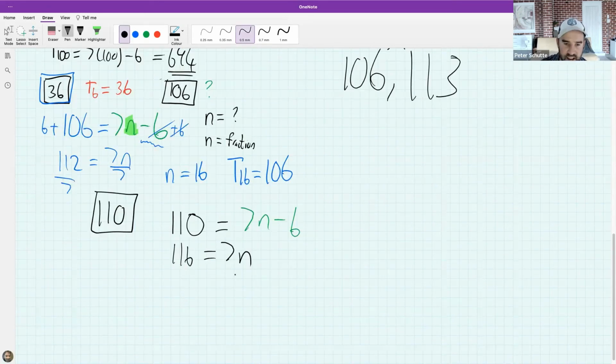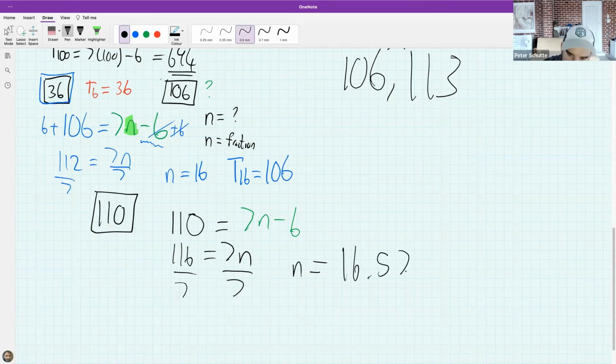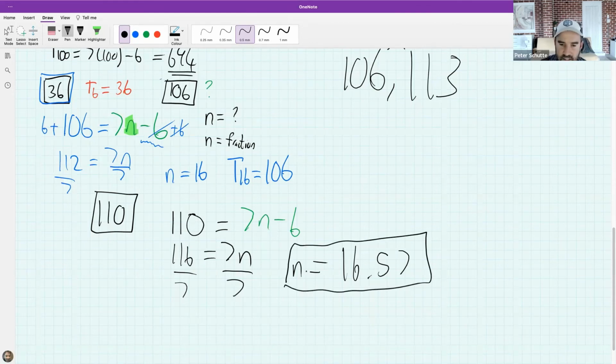And then if I divide both sides by 7, what is n going to be equal to? 116 divided by 7 gives me 16.57. And so what the algebra is telling me is that this number is not in the number pattern. It's between the 16th and the 17th position.